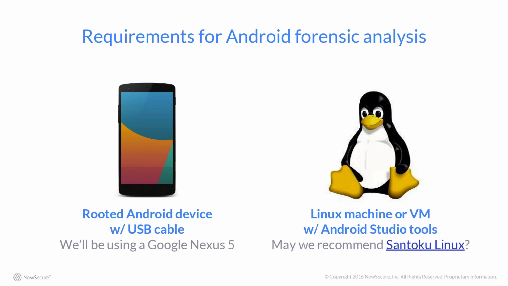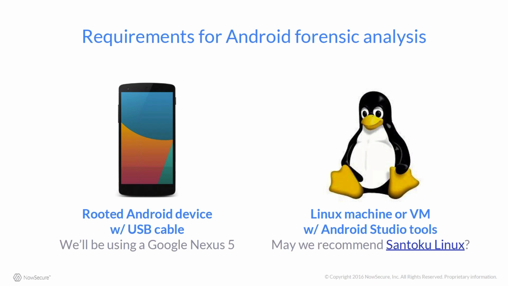So starting with requirements, I like to set you up so that you'll succeed in running these tests. We make two assumptions here. One is that you're using a rooted Android device with a USB cable. We're going to be using a Nexus 5, but really any Android device that can be rooted should work here.